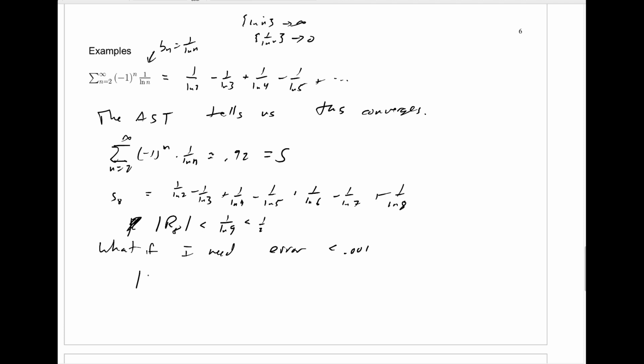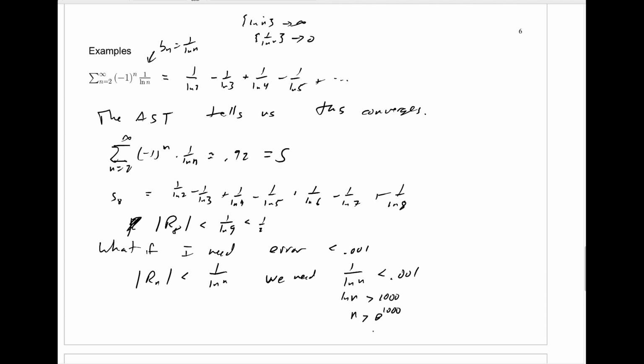let's use this formula. The size of Rn will be less than 1 over log n, and we would need 1 over log n to be less than 0.001, which means, if I flip this upside down, log n has to be greater than 1,000, or n has to be greater than e to the 1,000th.